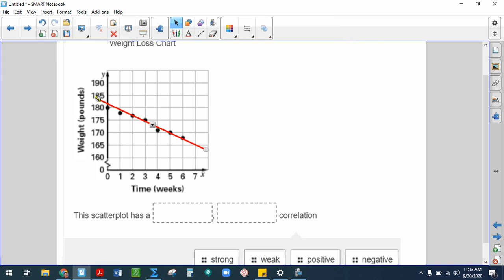Maybe we have to move that a little bit. Not sure there. Either one might be okay. But it's definitely negative because the line is going down. And then is it strong or weak? That means are the points really close to the line or are they kind of spread out? They're really close to the line. So strong negative correlation.